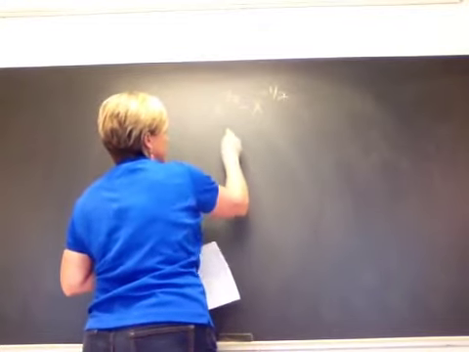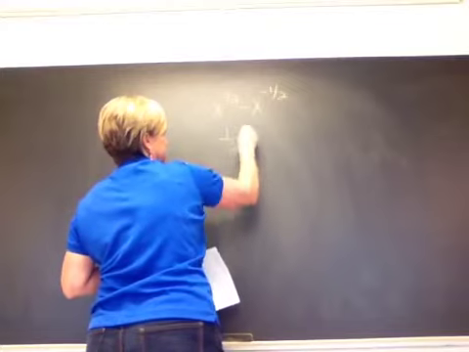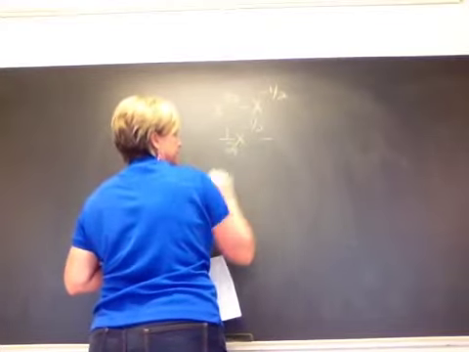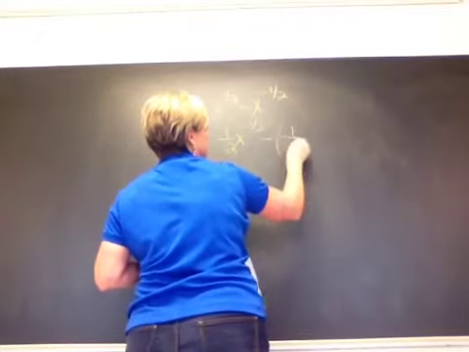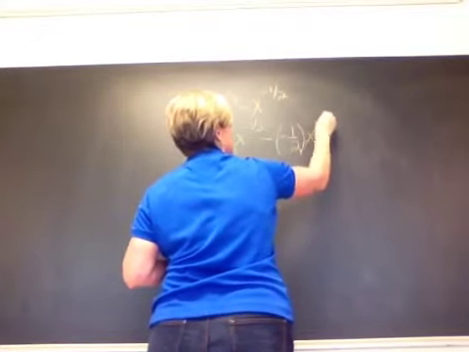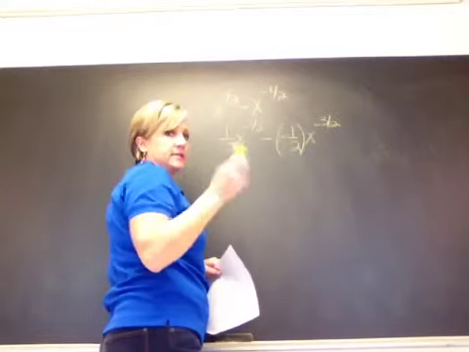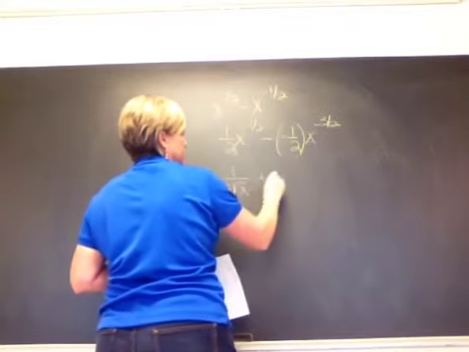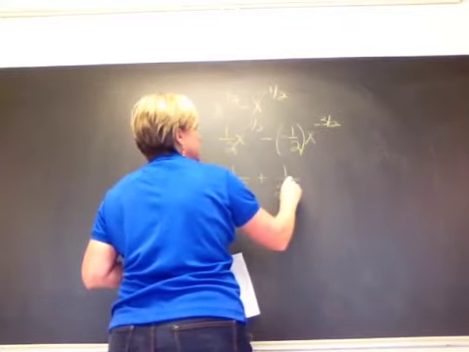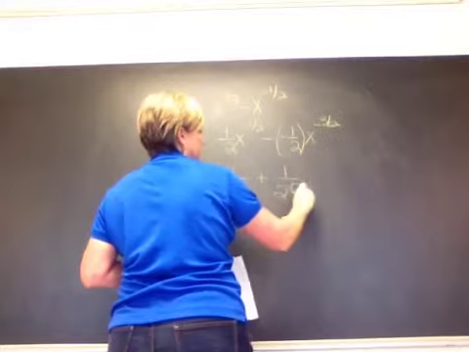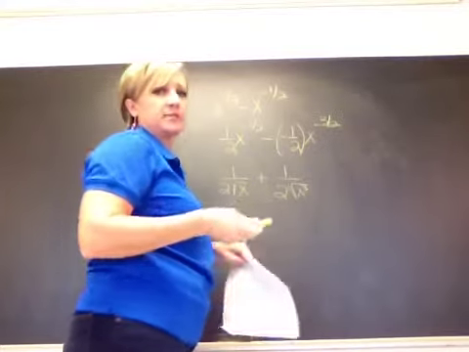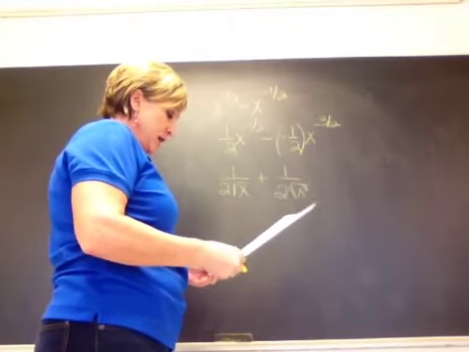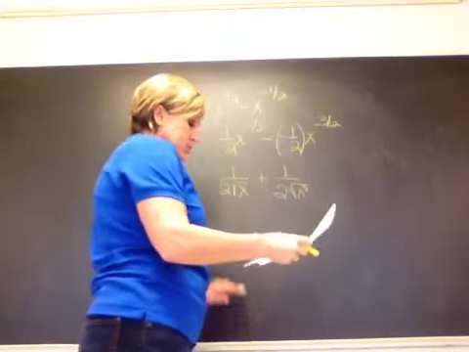I would just use power rule. 1/2 x to the negative 1/2, bring your power to the front, times your x, reduce your power by 1, minus, bring your power to the front, times your x, reduce your power by 1, and then you just need to clean it up. 1/2 square root of x, plus 1/2 square root of x cubed. And you can leave it x to 3/2, x to 1/2, I don't care. 19 is product rule. 20.